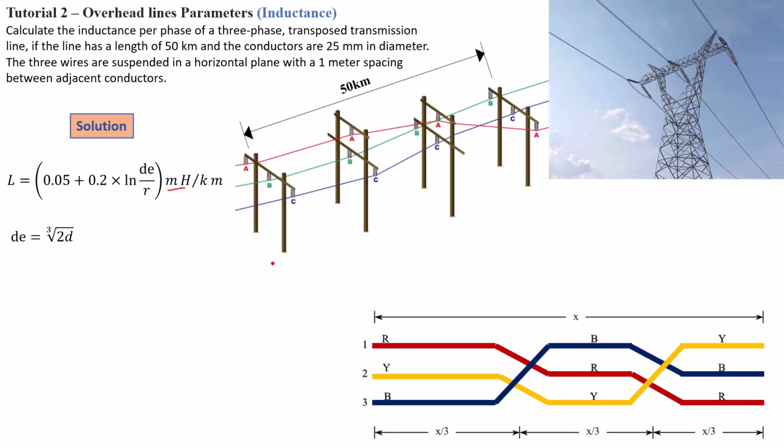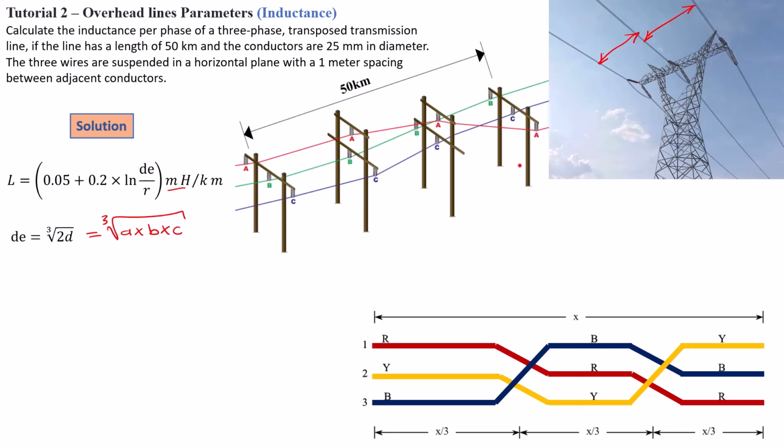Now, if you have a situation where these conductors are not equally spaced, which means the distance here is not equal to the distance here, in that case you're going to have dE equal to the cubic root of A times B times C. That will be your dE in this case.